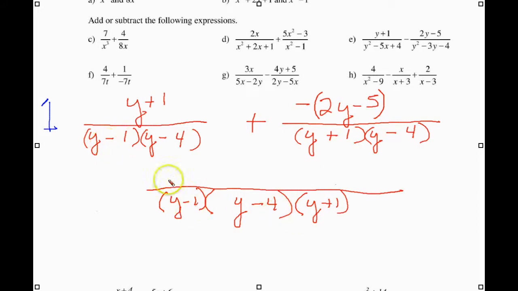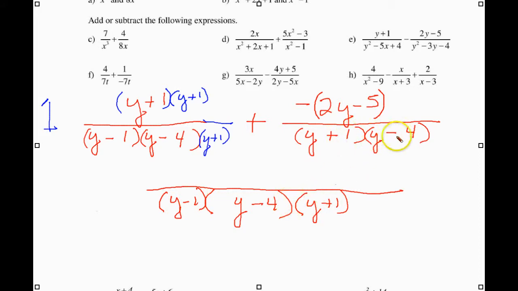Well, this one has these two. I need this one. So it's going to be y plus 1 over y plus 1. So there's my 1 that I'm multiplying this one by, so I get this common denominator.